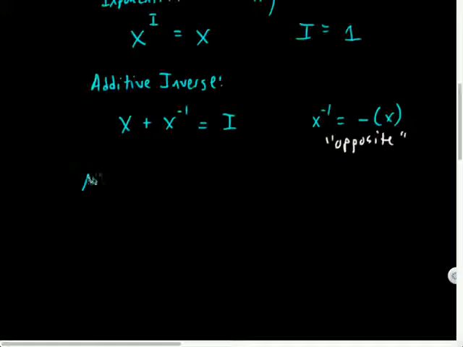Let's see, how about multiplicative inverse? So that would be x times x inverse gives us the multiplicative identity. What is the multiplicative identity again? 1. So what do I multiply something by?